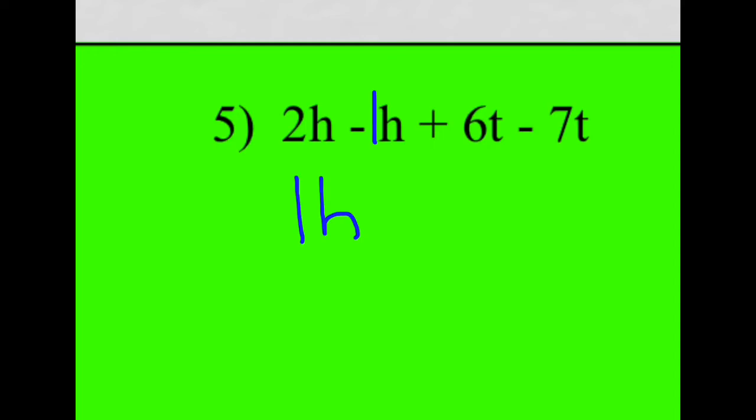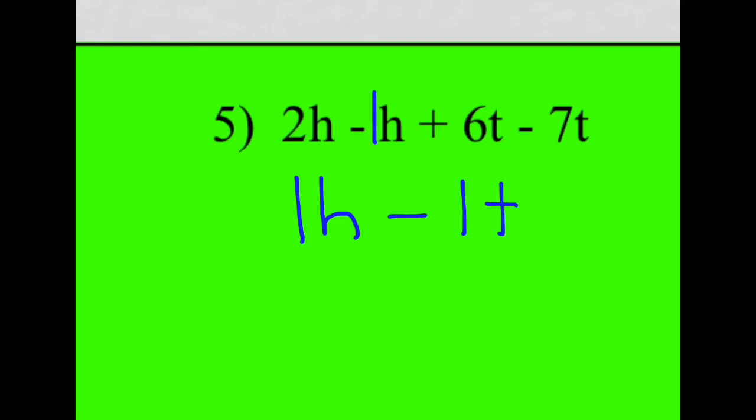Now we also have positive 6t and negative 7t. So positive 6, negative 7 combines to negative 1t. And that's as far as we can take it. We can't take that any farther because h and t are different variable parts. So it's combining variables that are the same, and it's using your add, subtract, integer rules.